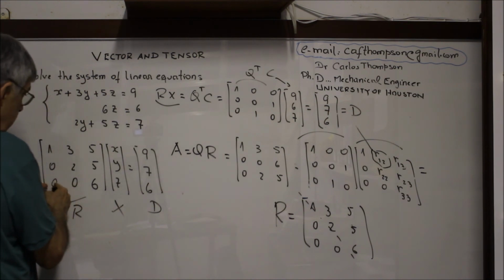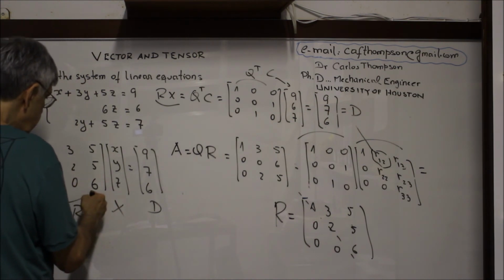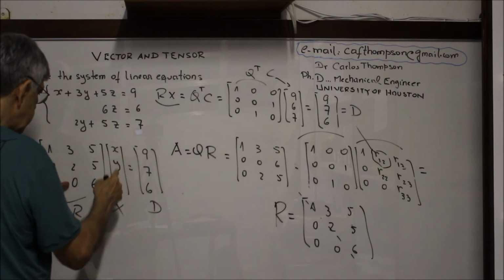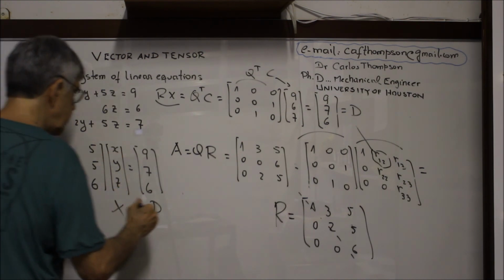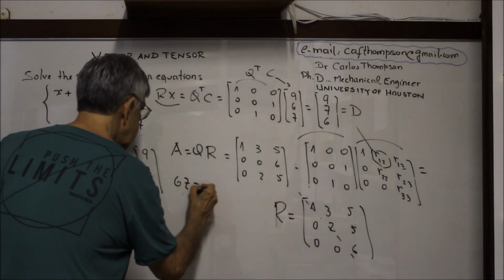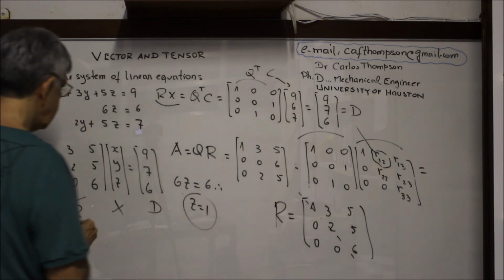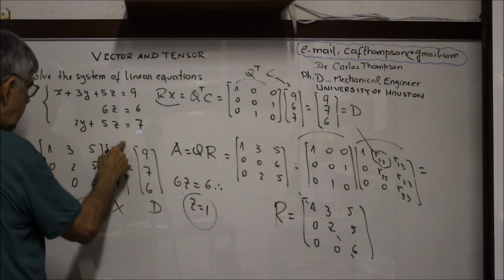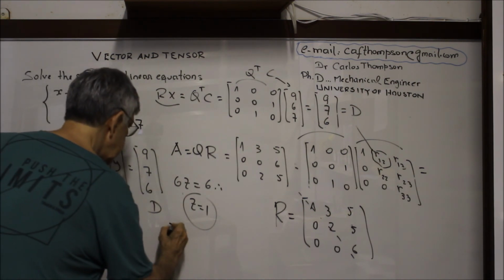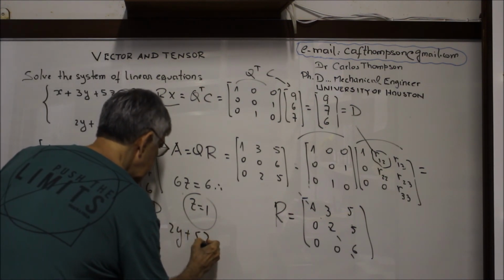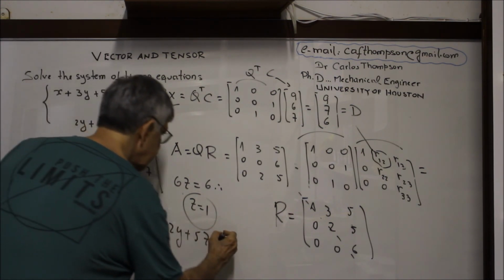In this case, the third row times the first column: 0x plus 0y plus 6z is equal to 6. So z is equal to 1. Now, 0 times x, 2 times y, plus 5 times z is equal to 7.